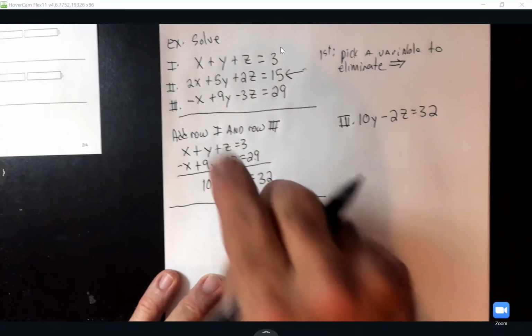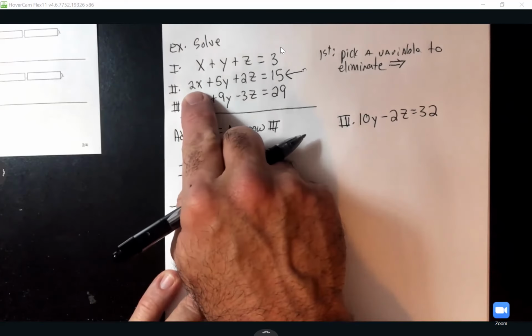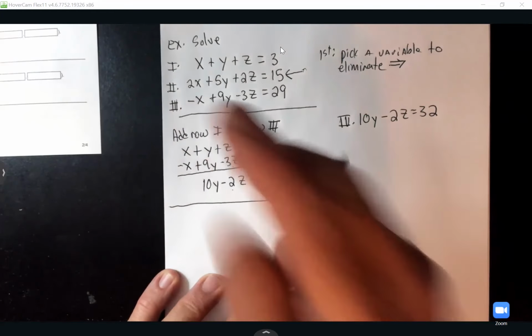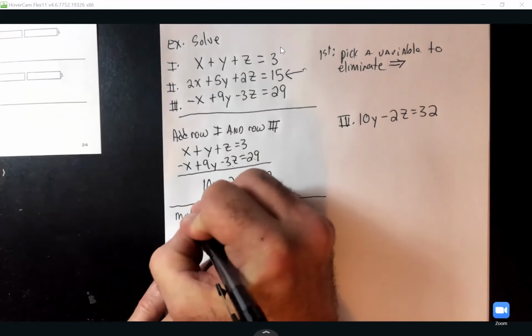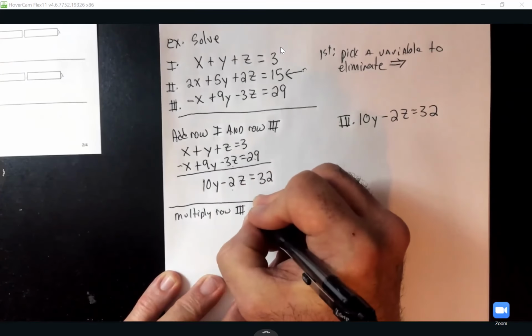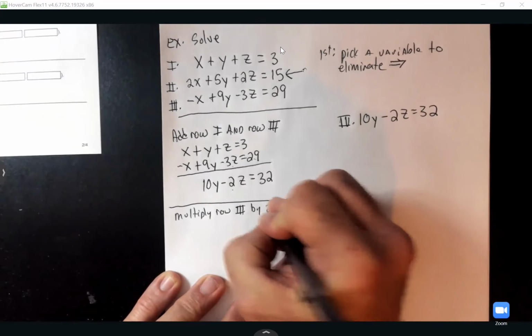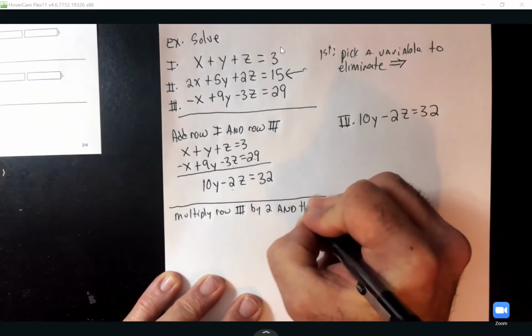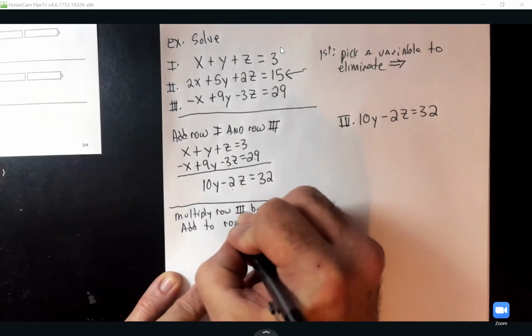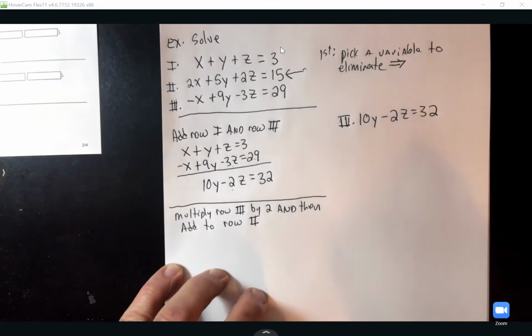So what I'm going to do, since that's a positive 2x, I'm going to multiply the 3rd row by 2. So I'm going to multiply row 3 by 2 and then add to row 2.